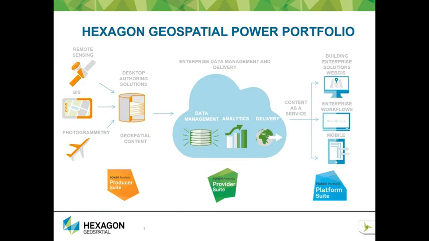We have the producer suite, the provider suite, and the platform suite. The producer suite covers the desktop-related products for collecting, processing, analyzing, and understanding the raw data, ultimately delivering usable information to the users.